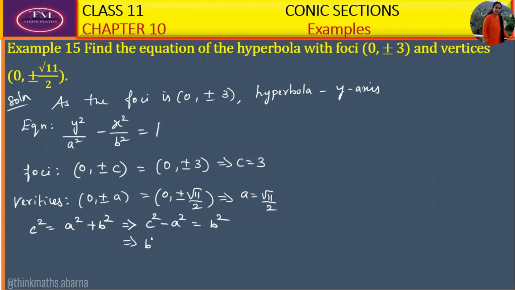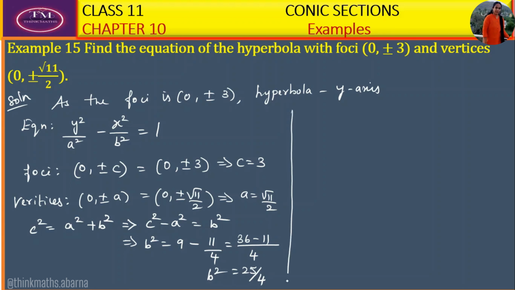Therefore b square equal to c square, and c is 3, so it is 9 minus a square. Root 11 by 2 whole square, the root gets cancelled and it will be 11 divided by 2 square, which is 4. Now taking 4 as LCM, it is 36 minus 11, which is 25 by 4. So b square equal to 25 by 4.